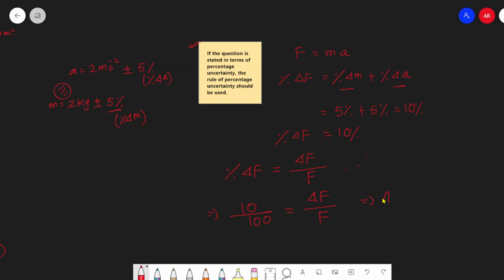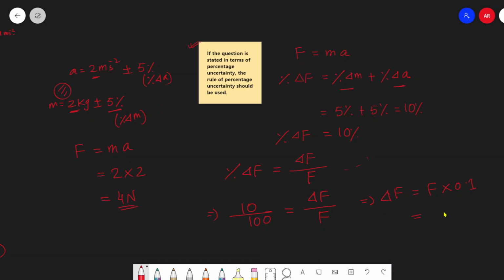Del F is force times the percentage uncertainty, which is 0.1, and the force we calculated as 4 Newton. You see 2 and 2, the force is mass times acceleration. This is the calculated value of force. So 2 times 2 is 4 Newton.